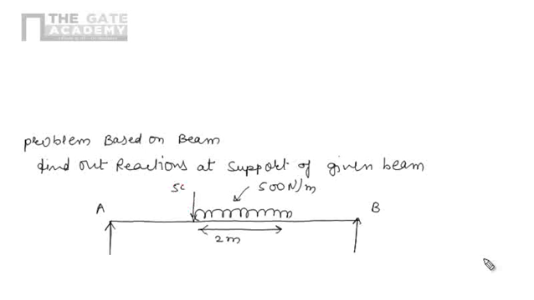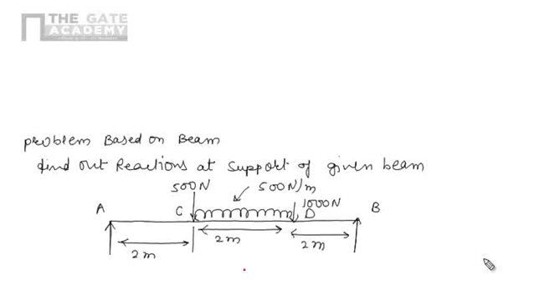The values of these 2 point loads are 500 Newton and 1000 Newton, and this distance is 2 meter, and this distance is also 2 meter. So let's take this point as C and this point as D. And now we are interested in reactions at A and B.